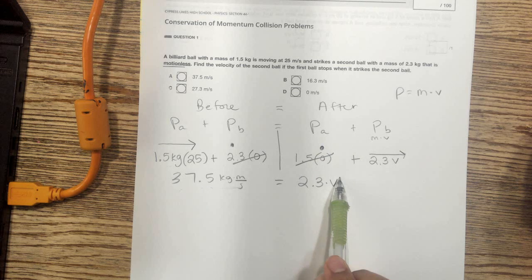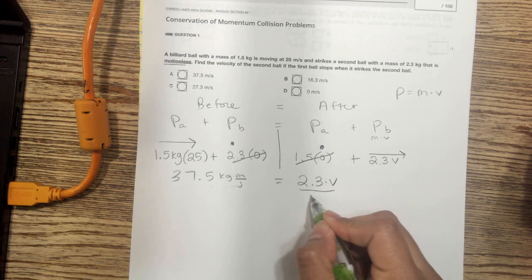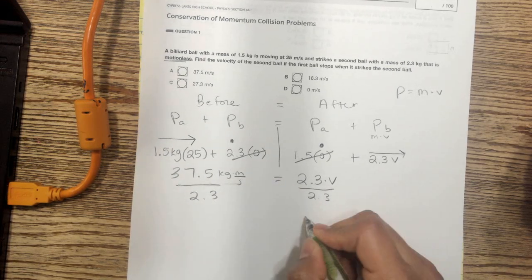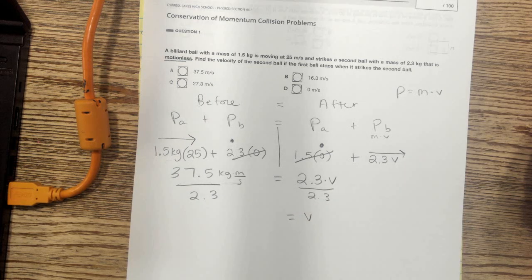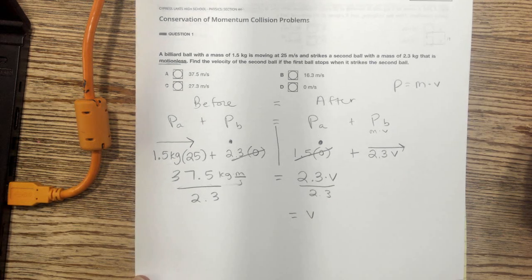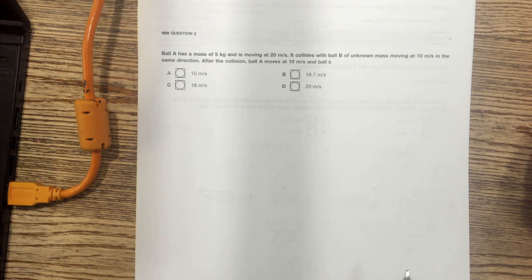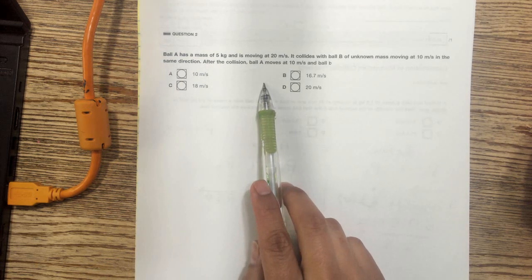So what times 2.3 would give you 37.5? You would just divide it out to figure it out, and that will give you the answer there. So I'll let you go ahead and finish that out. Question number 2 is very similar to that, just with different numbers, so I'll let you work on that independently.